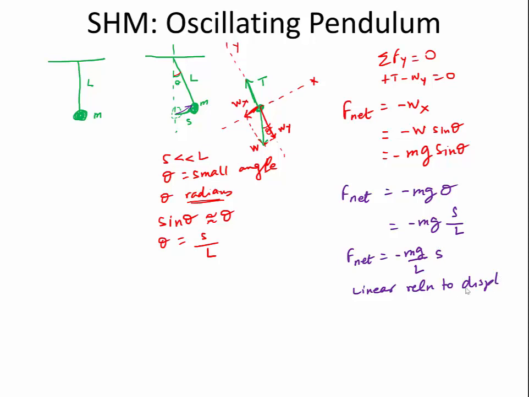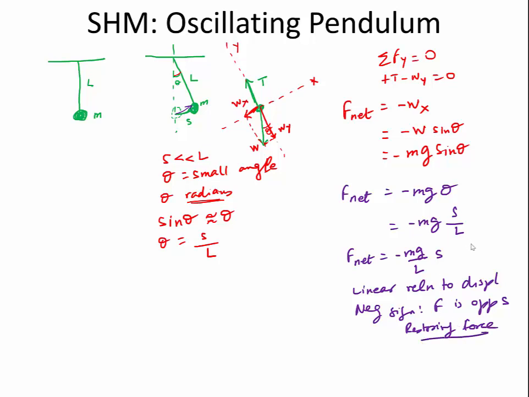It's not squared or cubed or anything. It's linear. And then the negative sign tells us that F is opposite S, which means it's a restoring force. Once you displace it in a certain direction, the force is going to bring it back to where it started from. So that's why it's called a restoring force, similar to what the spring had.